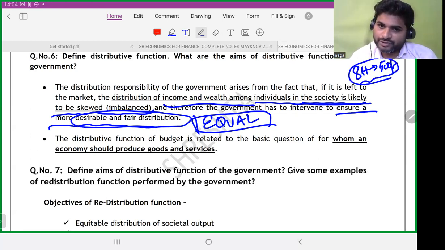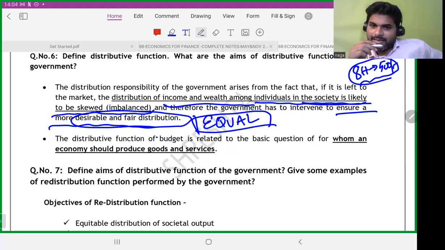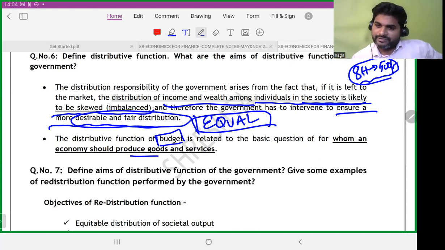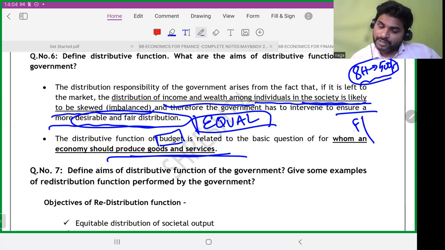The classic example of the distribution function is the budget that the government presents. The budget is related to the basic question of for whom an economy should produce goods and services. The finance minister writes down the incomes, the ways that we get income from the rich and the middle class, and how we distribute it to poor people in the form of ration, health, subsidies for farmers, and fertilizer subsidy.